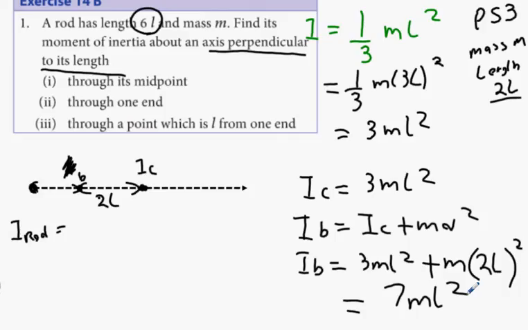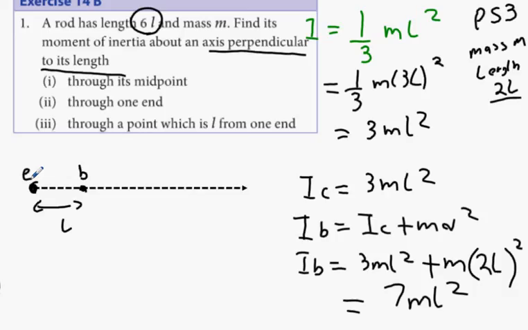Everybody happy with that? I'm going to do it a separate way now. See the way I used it from the center that time? I could also have done this question using the end. So as an example, that's B. We'll call this axis E to say that it's from its end.